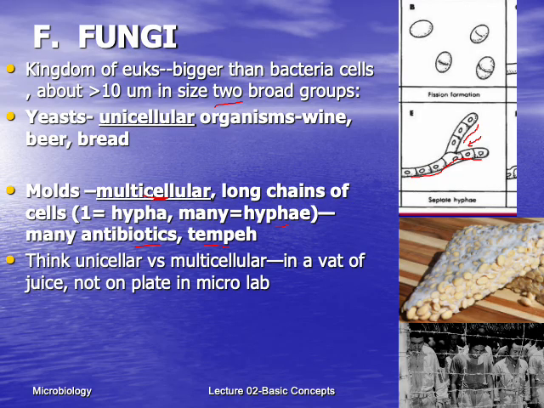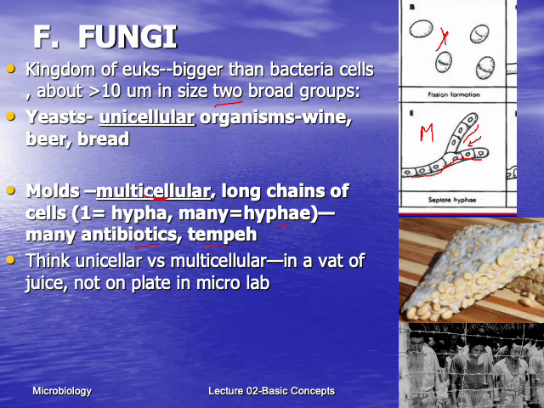When you want to think of unicellular versus multicellular, just think about growing these in a big vat of juice. The yeasts up here are going to grow independently, individually, unicellular. But the molds are going to grow like a mat of hyphae.